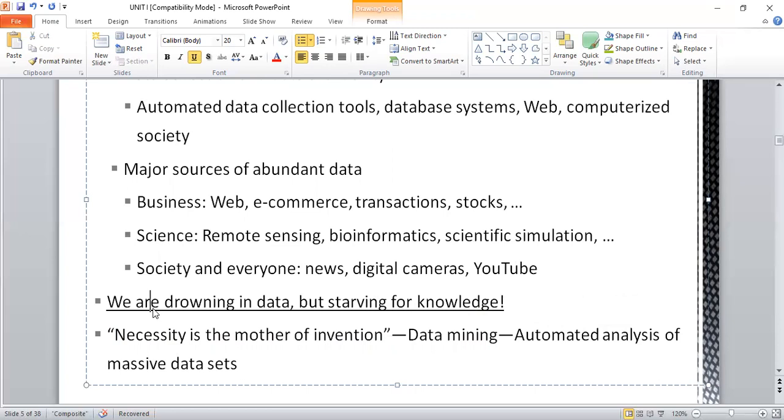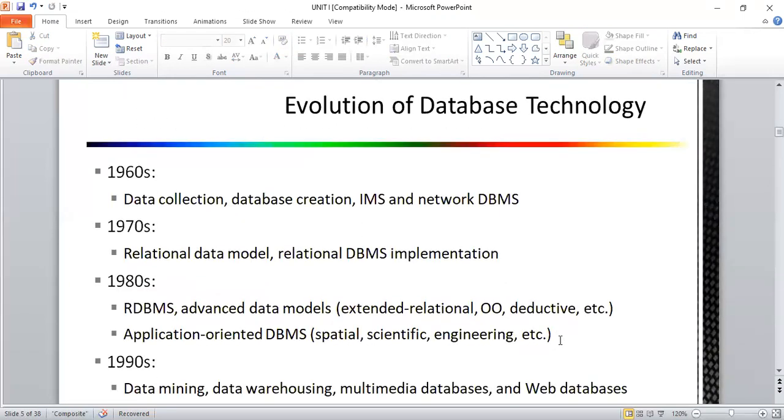Basically, we are drowning in data, but we are starving for knowledge. So we are looking for some knowledge from that huge amount of data, and how to extract that information by utilizing some data mining techniques. So that is the basic meaning, why data mining came into existence, what is the motivation behind it. So that we have seen just now.